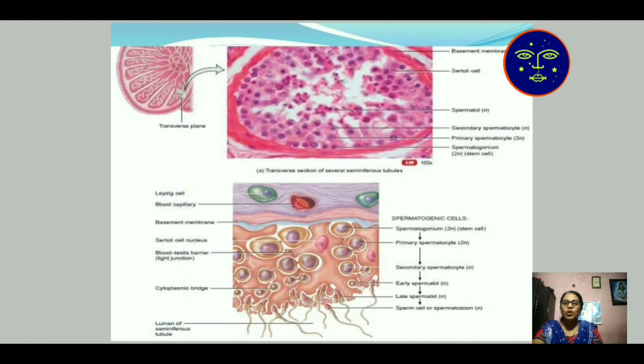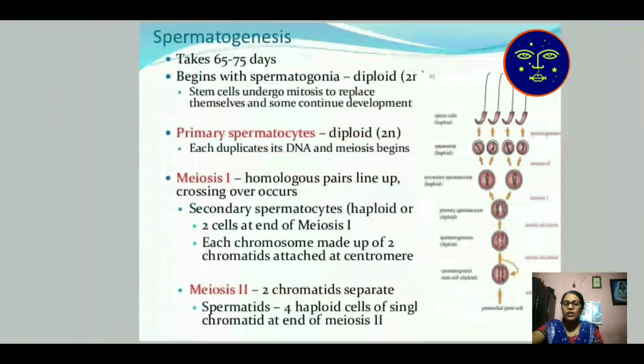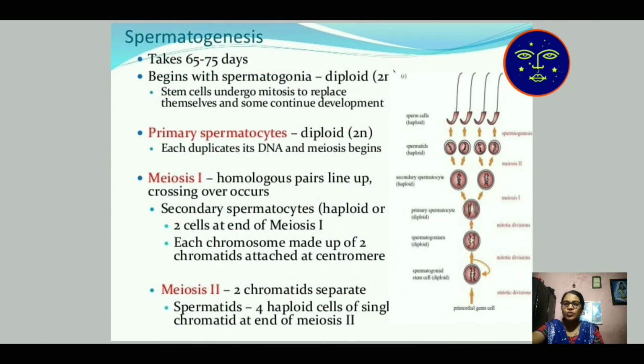Then this is the structure of your seminiferous tubule, and these are the Leydig cells, and the red color indicates the blood capillaries, showing how blood is supplied to the testis. During formation of the embryo, the primordial germ cells migrate into the testes and become immature germ cells called spermatogonia.